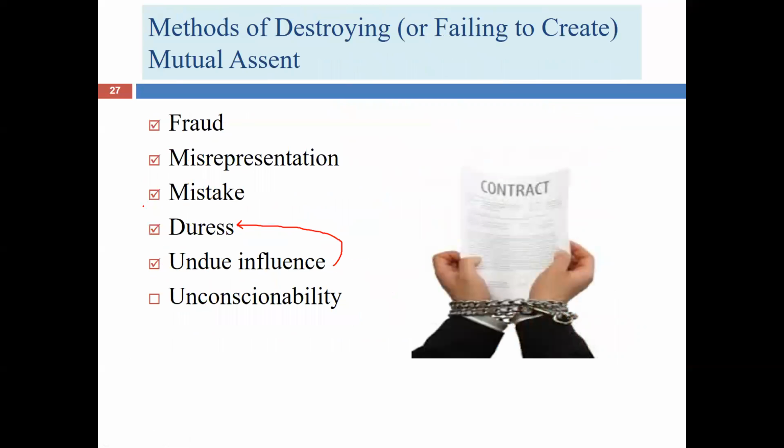It doesn't fit quite as readily as these others, because in these other situations it's pretty obvious. In these situations, somebody really hasn't assented because they think facts that aren't true. In these two situations, somebody really hasn't assented because he or she is really being put in a very awkward, uncomfortable position. That's the only reason that they're agreeing. So it's pretty obvious how mutual assent doesn't exist.